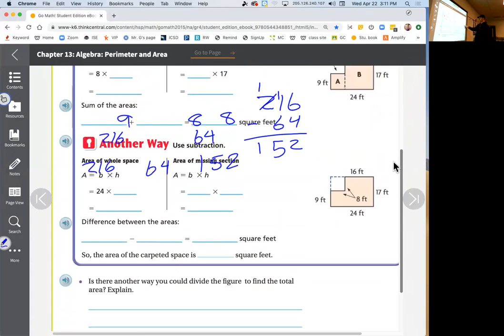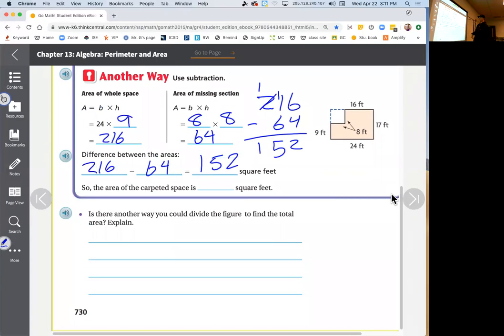That ain't right. What did we do wrong? Oh, guess what we did wrong? Did you guys catch that a long time ago? Good thing I did it because it's easy to do.